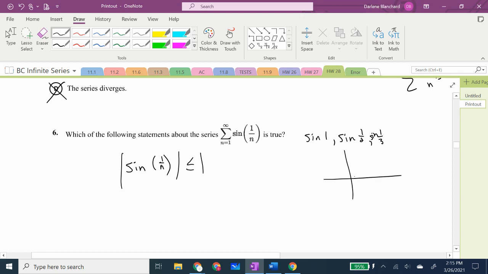And if I'm looking at the graph of sine x, I know that this peak is pi over 2, which is already bigger than 1. 1 is about right there. So the values I'm getting out of sine are only these positive values. So I don't need the absolute value sign.